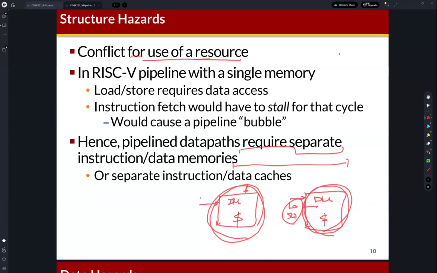We will learn about this cache in the next chapter, chapter 5. But anyway, in order to access the instruction and data concurrently, at the same time, we separate the instruction memory and data memory to avoid structure hazard, right?